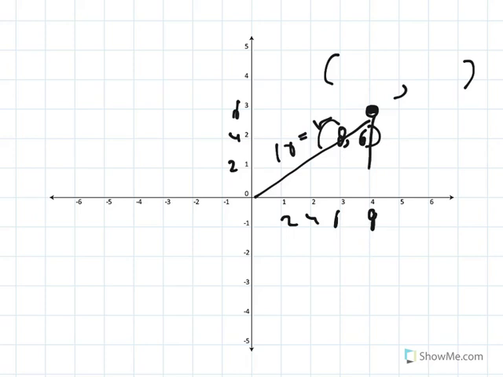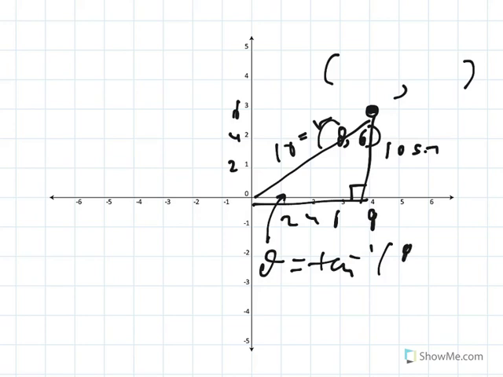And this angle here, which we'll call theta, is tan inverse of 8 over 6. Sorry, 6 over 8 I meant, which is 36.9.